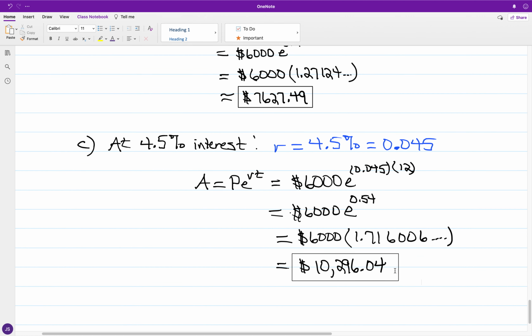Okay, now for the next item, this kind of stresses context whenever we're talking about interest. Now for number 49, you have a deal where $10,000 is financed.